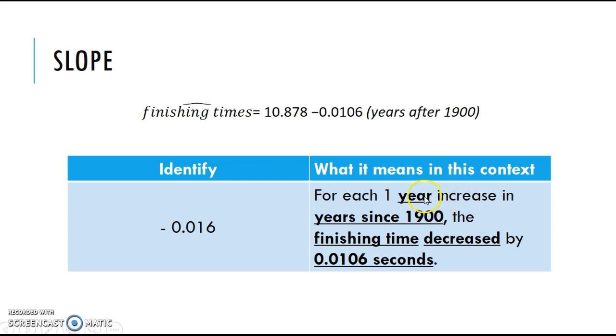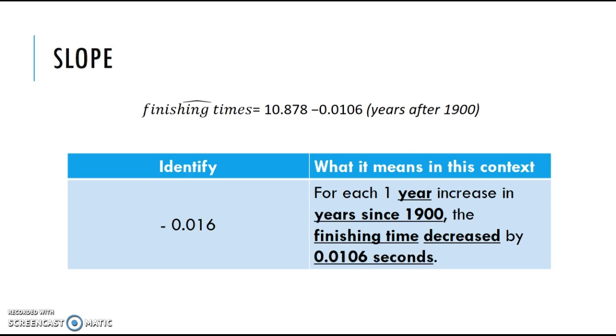So I have my x unit, which is years. My x-axis was years since 1900. My y-axis was finishing time. It decreased since our slope is negative, and my actual slope was 0.0106.